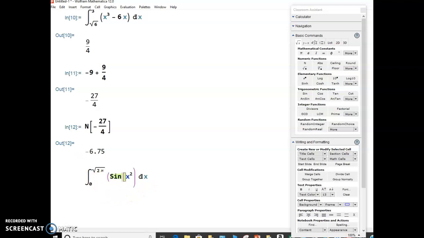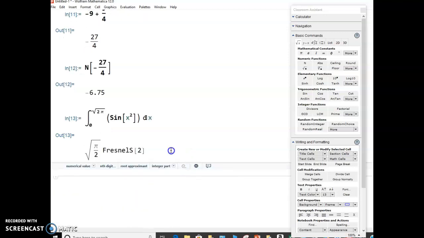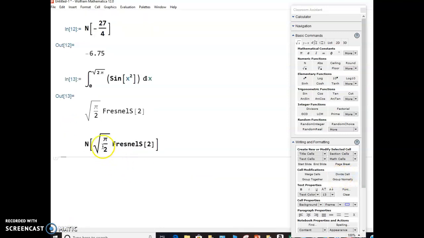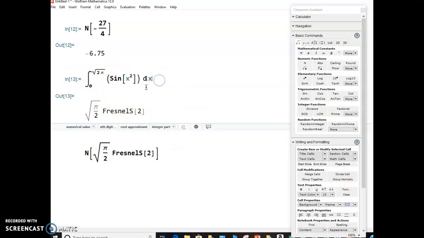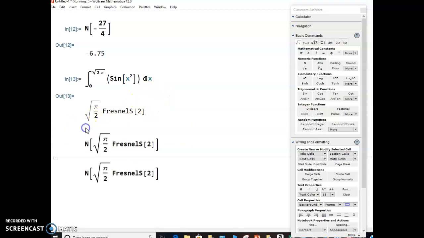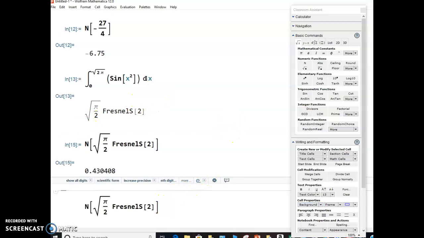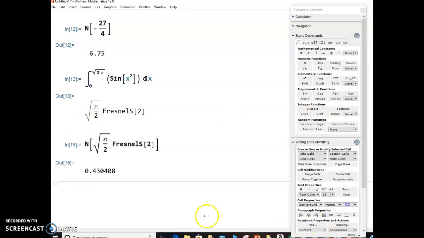Actually, I should put these in brackets to make sure that it's going to do this. Oh, I have something quite crazy here. So you'll notice that I get something quite crazy here with my Mathematica, but as usual, let me go back up here, and we can always ask Mathematica to give me the numerical value of this. Of course it'll give the numerical value of this craziness that is, I don't know what that is, right? But it will always give us a numerical value.